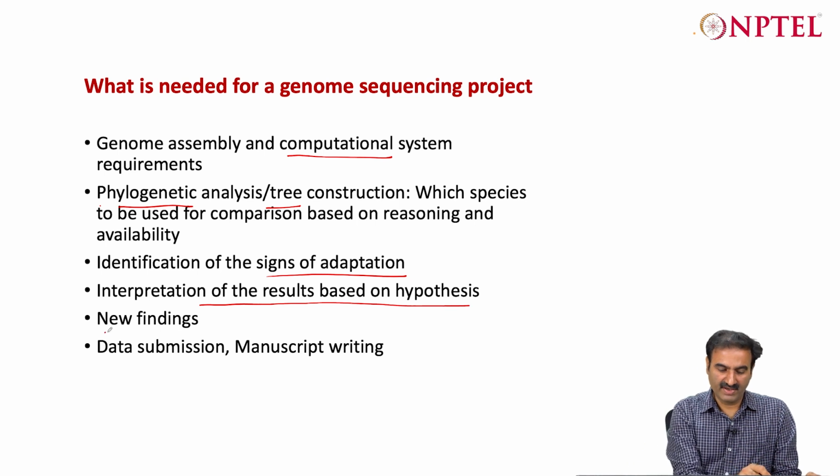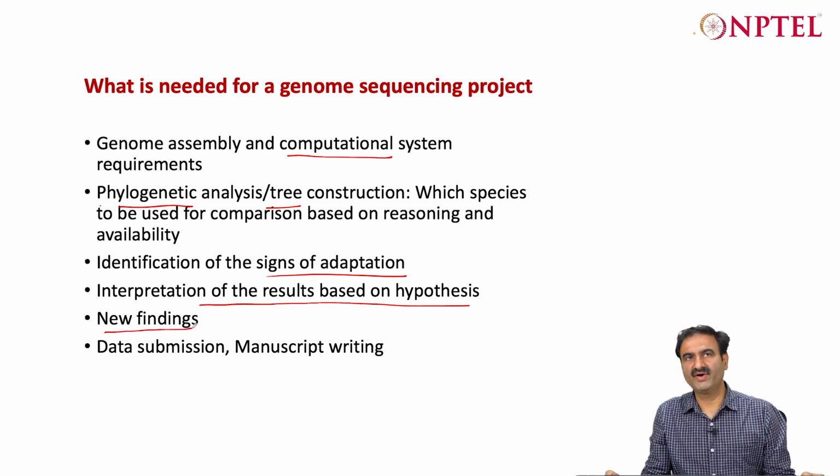There should always be scope for new findings, because how new the genome is that you have considered will determine what the new findings are. It also depends upon your knowledge level. You should read the literature around it, and that will give you clues about what question you should try to answer from that genome.